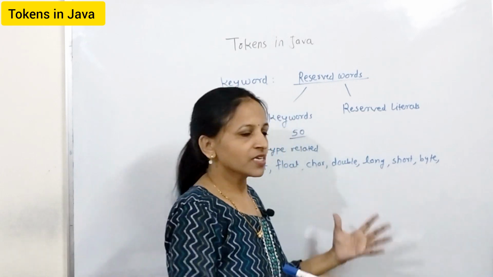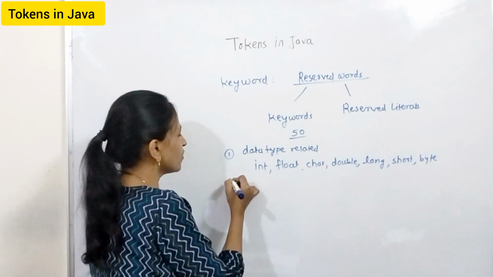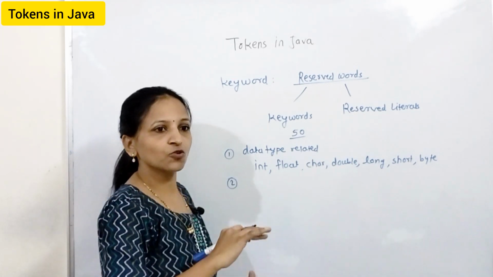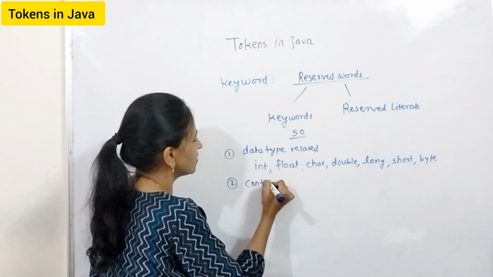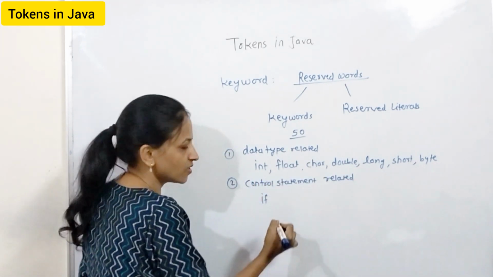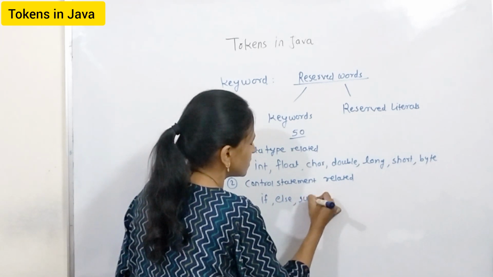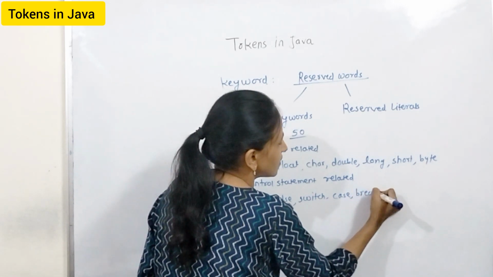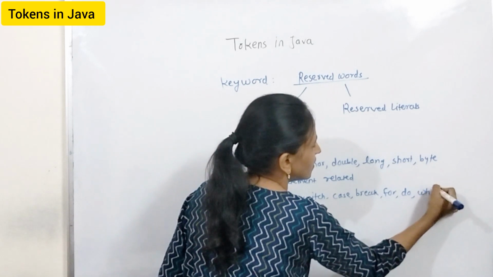Okay, these are just some keywords which are related to the data type. If you are considering control statements, the control statement keywords are like if, else, then switch, case, then break, then for, do, while.